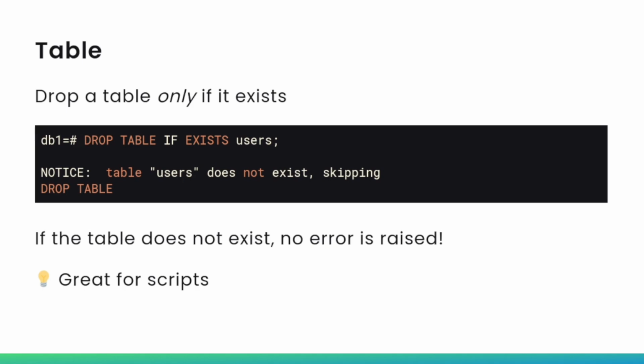Now, if you create a table that already exists, you are going to fail. If you are trying to drop the table before you create it and the table does not exist, you're going to fail. This is why DROP TABLE IF EXISTS is useful. If the table exists, it's going to be dropped. If it does not exist, it's just going to fail silently. No problem. Once again, very good for scripts.